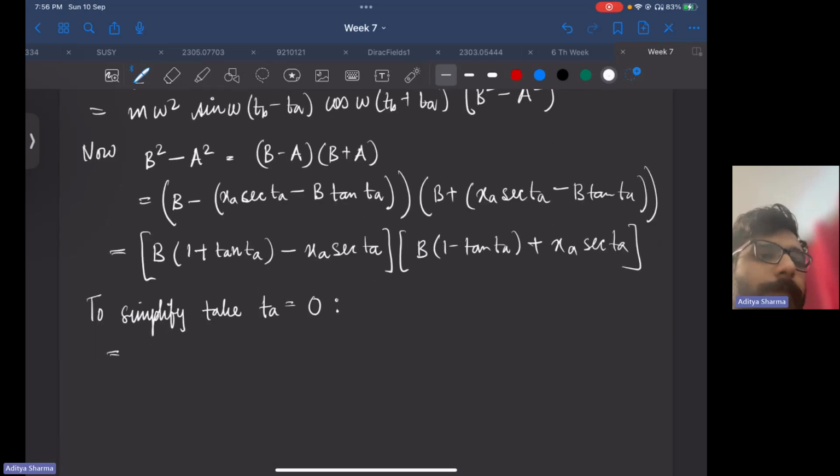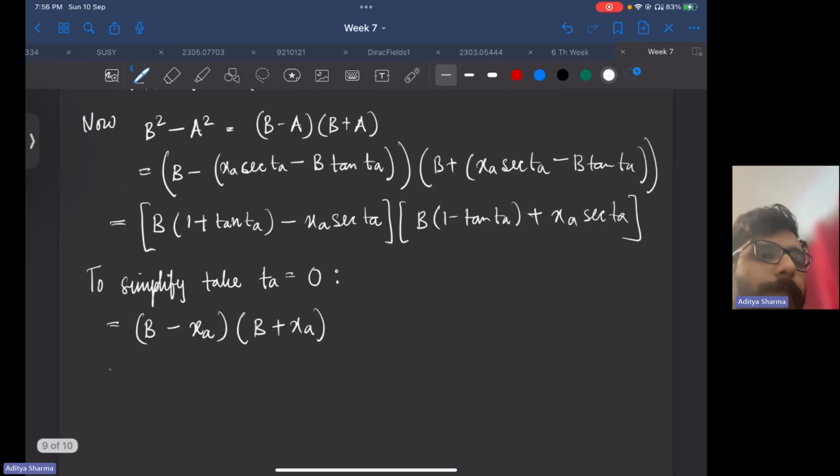Then this is going to simplify a lot. ta is 0, sec a is just sec of 0, which is just 1, b plus x is going to simplify a lot. B square minus x square.